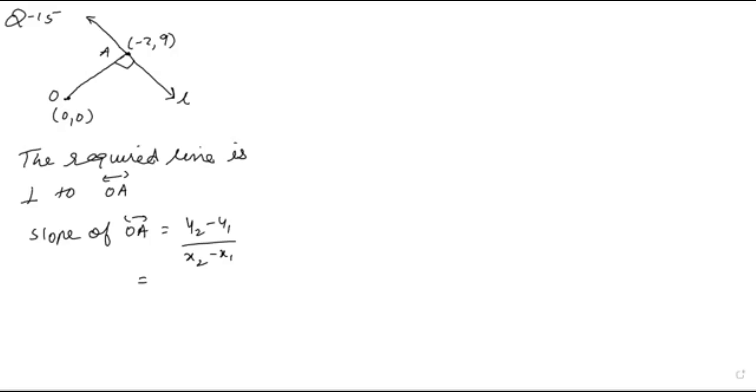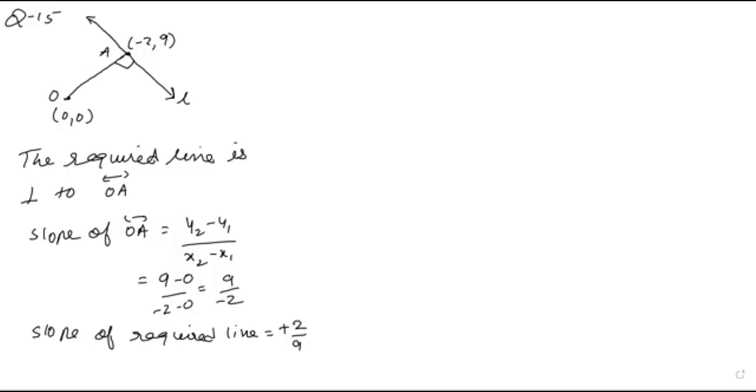So 9 minus 0 upon minus 2 minus 0. So this will be 9 by minus 2. So slope of a required line will be reciprocal and additive inverse, that is plus 2 by 9. So we got the slope of required line, and we also got the point where it passes.